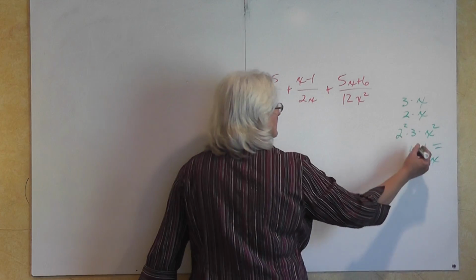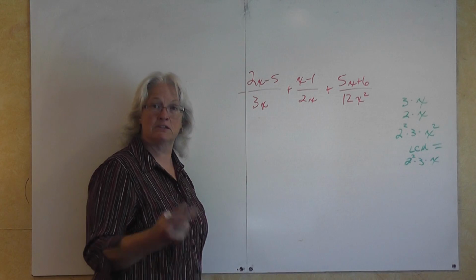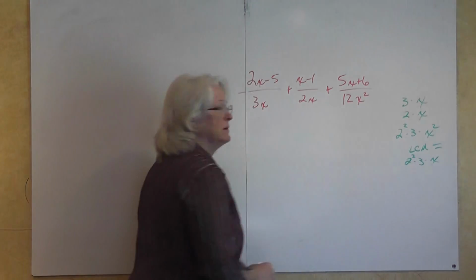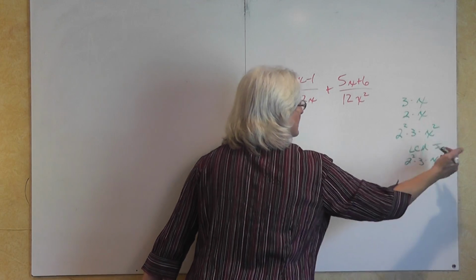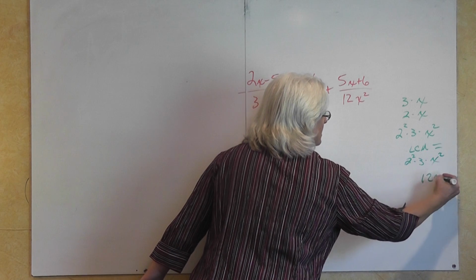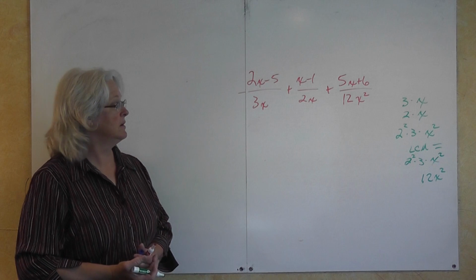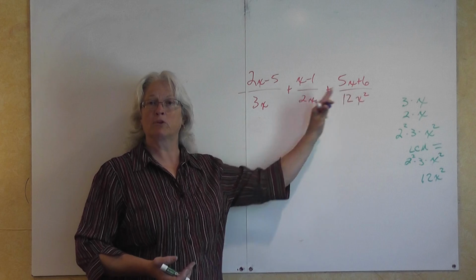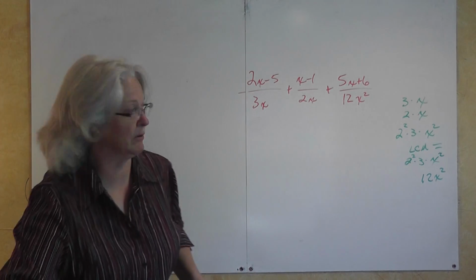Obviously, it's 2 to the second. The highest power of 3, 3 to the first, both places. The highest power of x, first, second. It's x squared. So, our least common multiple, as I stated earlier, is 12x squared. So now, let's go ahead and see what we're going to have to multiply each of these expressions by so that we end up with a common denominator.